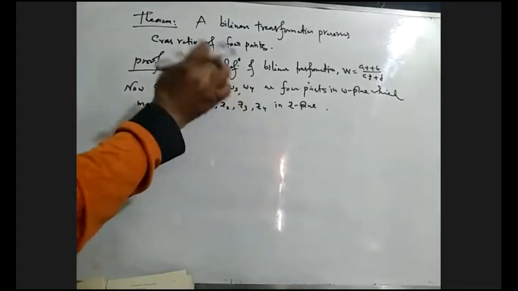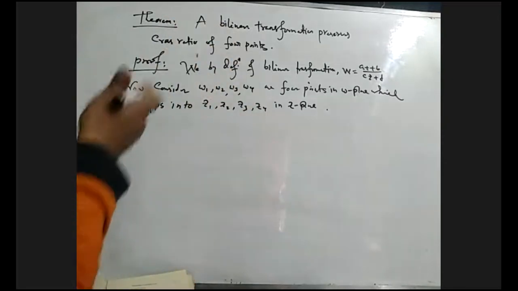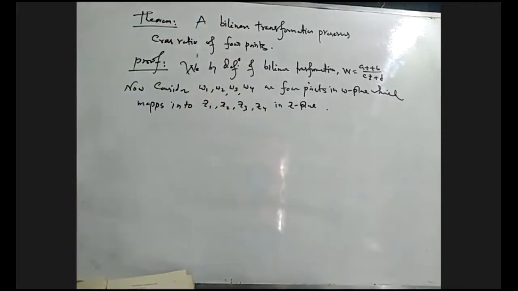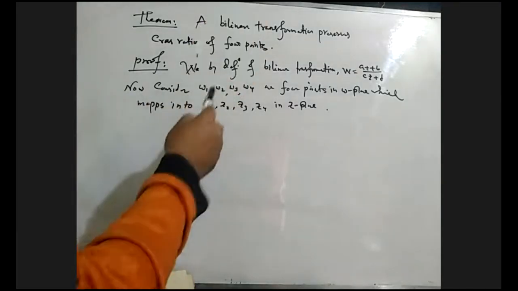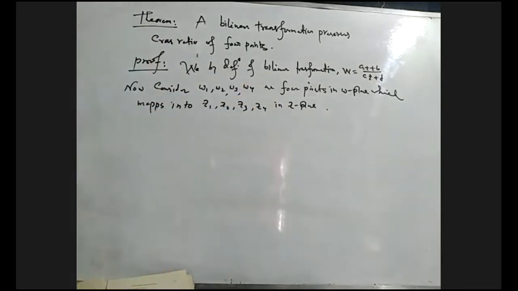That means these 4 points W1, W2, W3, W4 will be the images of Z1, Z2, Z3 and Z4 respectively.